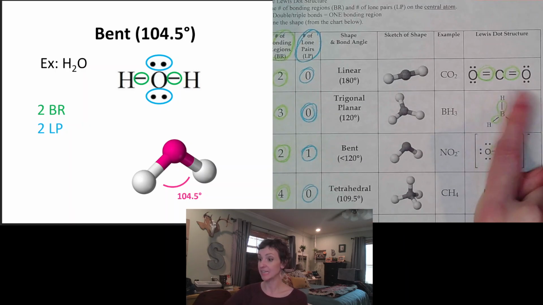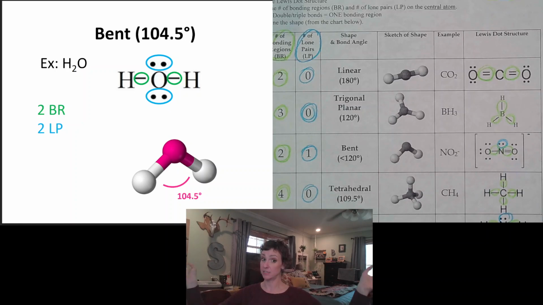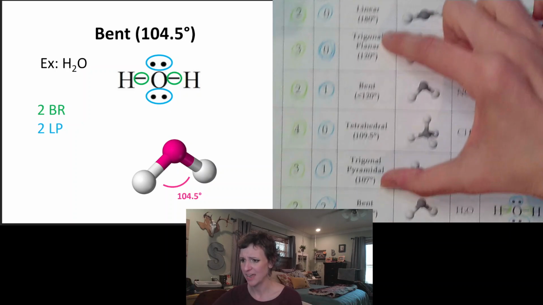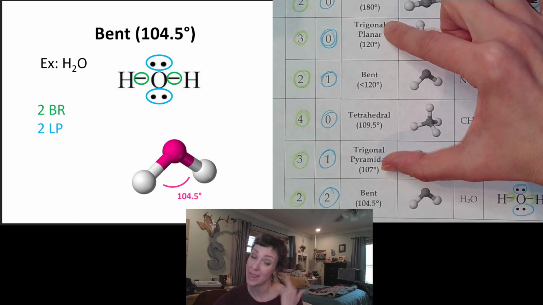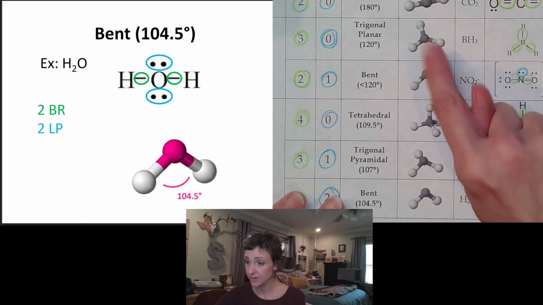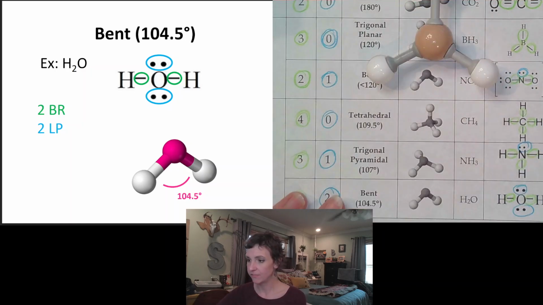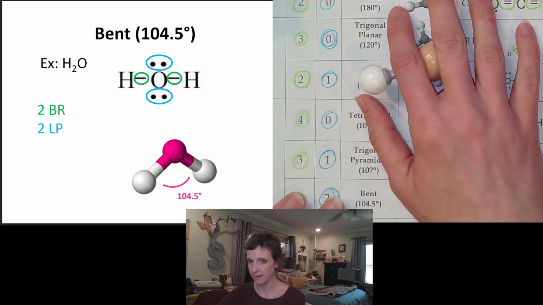Linear, I feel like, is also pretty straightforward. Got 2 things, no lone pairs, you're going to be linear. My trigonals, I have 2 of them, okay? I've got trigonal planar and I've got trigonal pyramidal. The way I think about this is my trigonal planar was my flat 2-dimensional one, right?